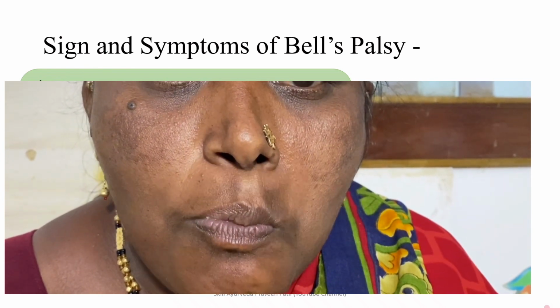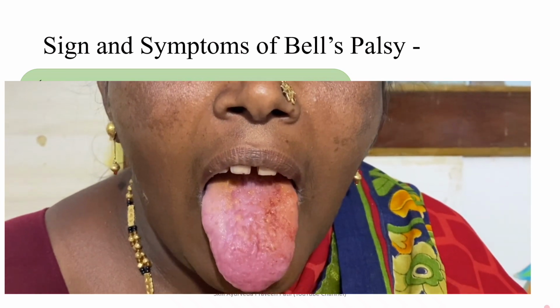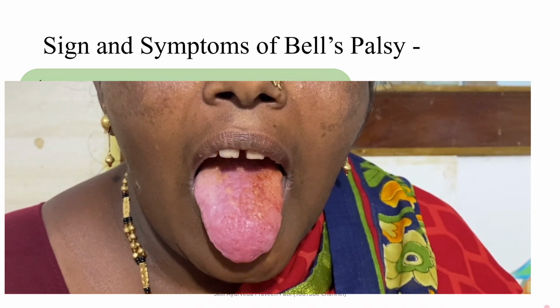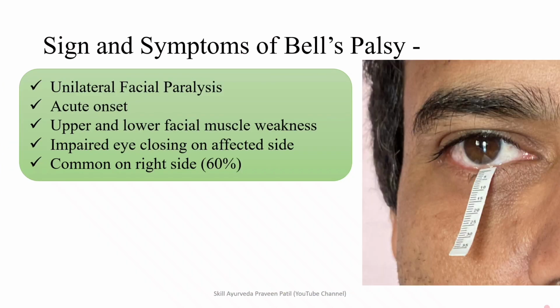Impaired eye closing on the affected side: the patient will not be able to close the eye completely, which leads to dry eye syndrome. Common on the right side: 60% of patients with facial palsy are affected on the right side of the face.